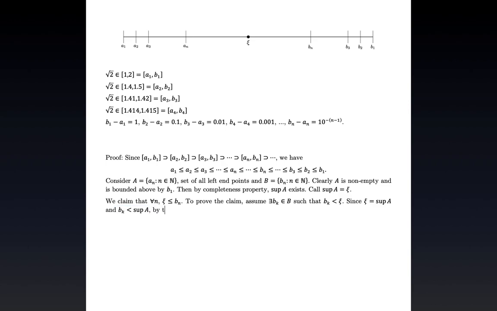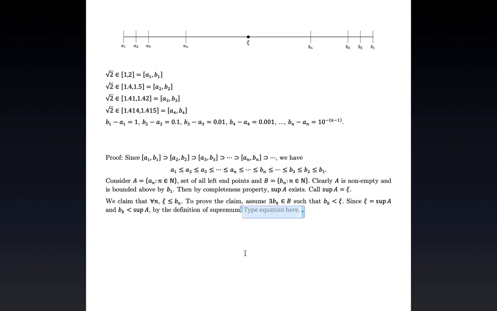by the definition of supremum, we will find an element from A which goes between BK and the supremum of A. That is the definition of supremum.